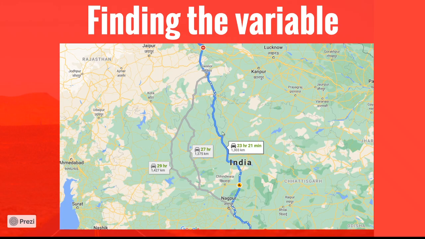If you take this road, you will reach in 23 hours 21 minutes. If you take the middle road, you will reach in 27 hours. If you take the leftmost road, you will reach in 29 hours. Likewise, when you solve equations, some methods give you the answer very fast.